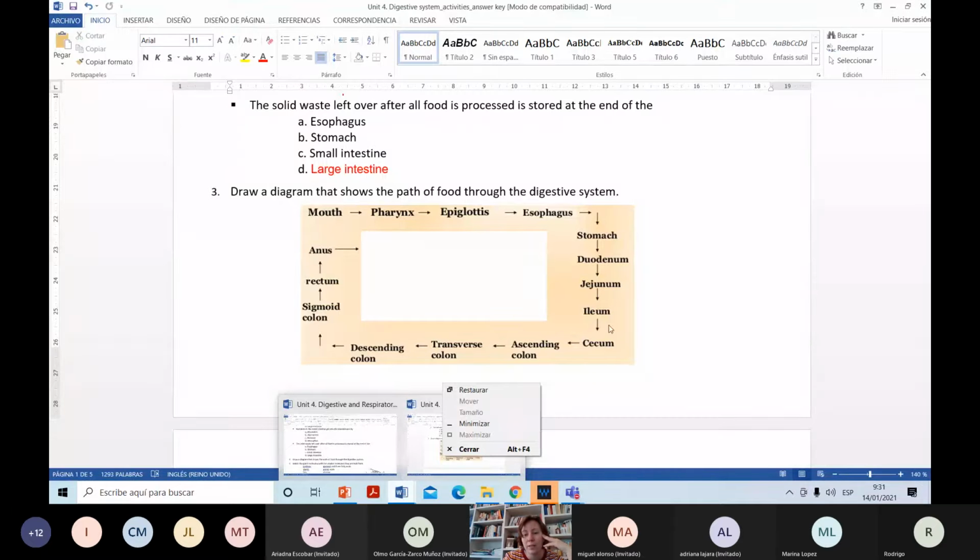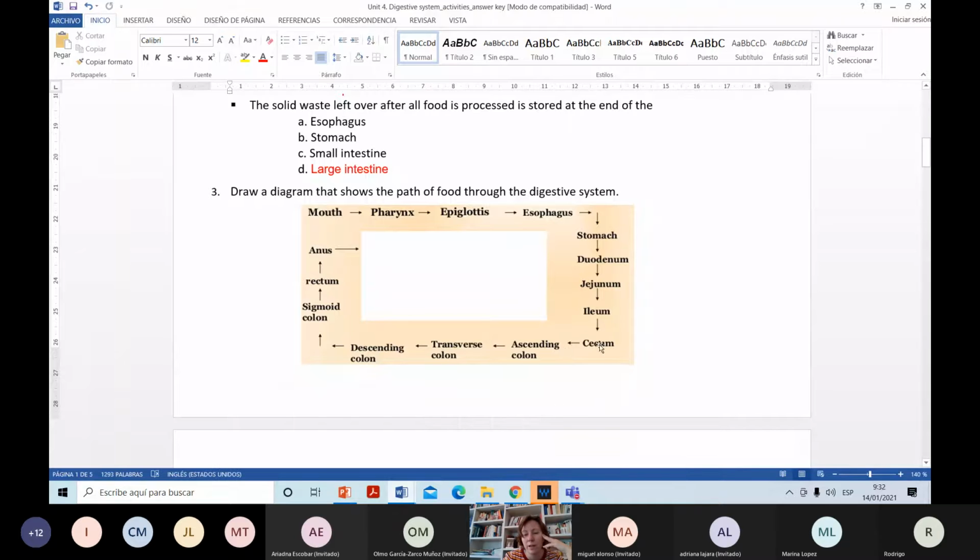From the small intestine, the remainings of food go to the large intestine, and in the large intestine we've got 3 regions: the cecum, the colon, and the rectum. But we can also divide the colon depending on the path that is food following there.